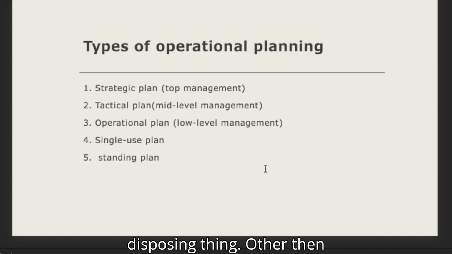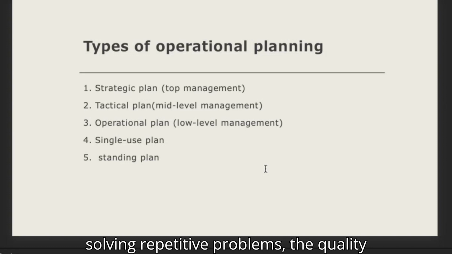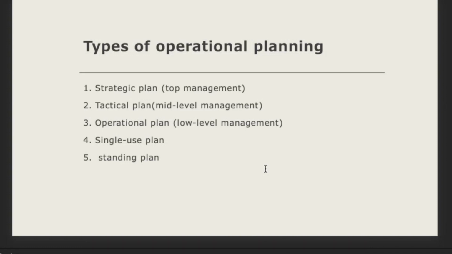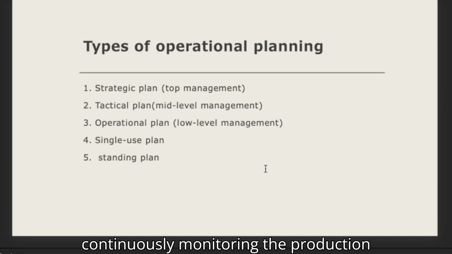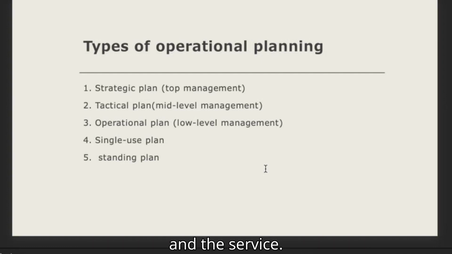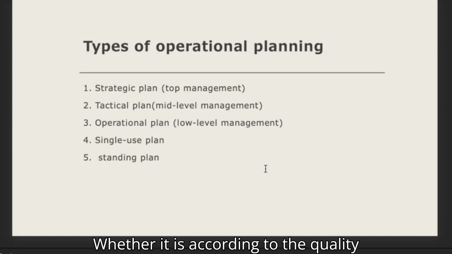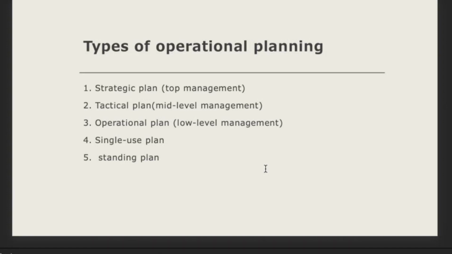Other than that, the standing plan covers the activities that appear repeatedly over a certain period of time with the purpose of solving repetitive problems. The quality standards, continuously monitoring the production and the service, whether it is according to the quality specifications or not.